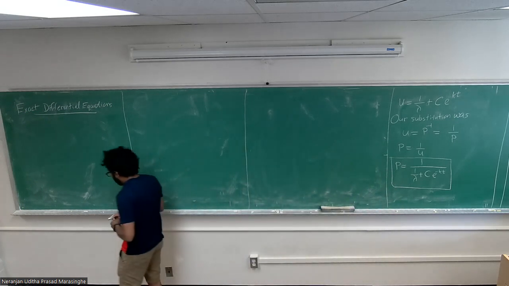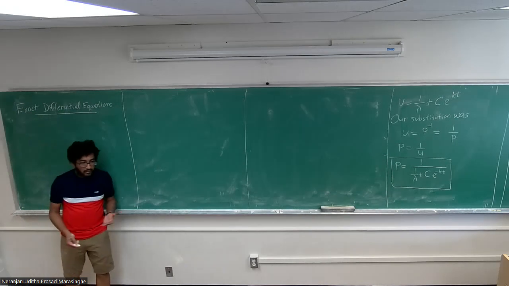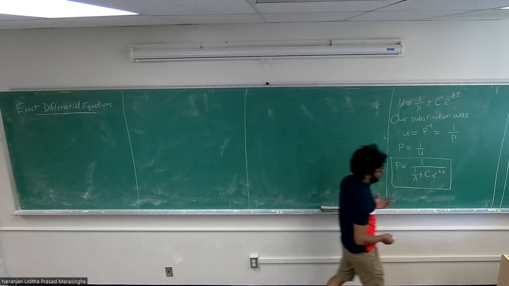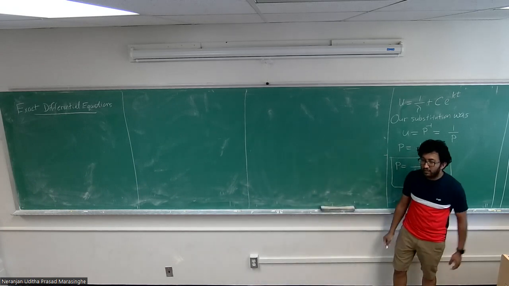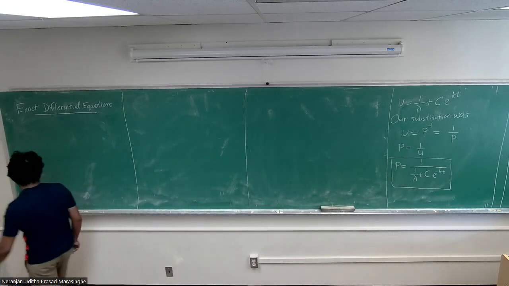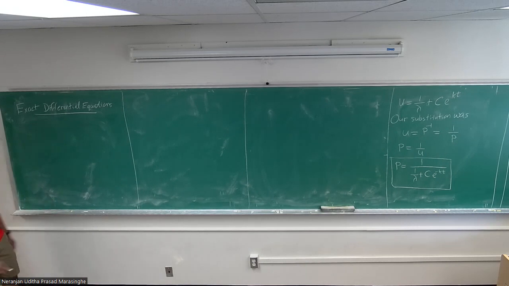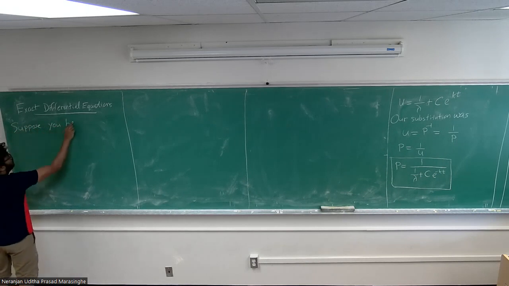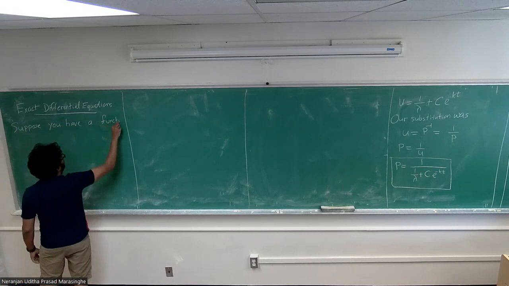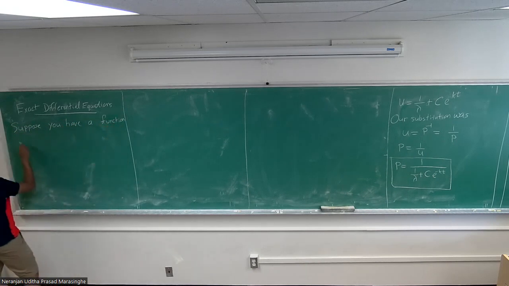So, if you have one independent variable, you are using derivatives, right? The problem is, what would happen if you have more than one independent variable? For example, suppose you have a function of two variables, right?